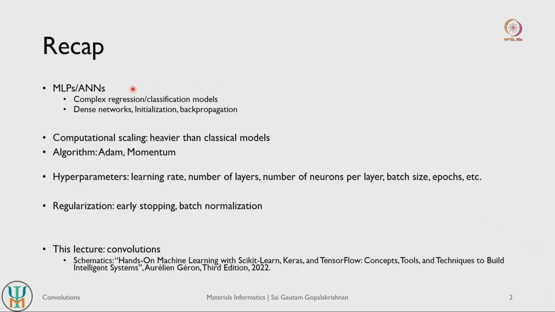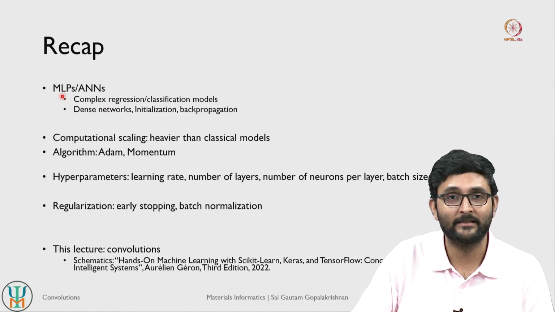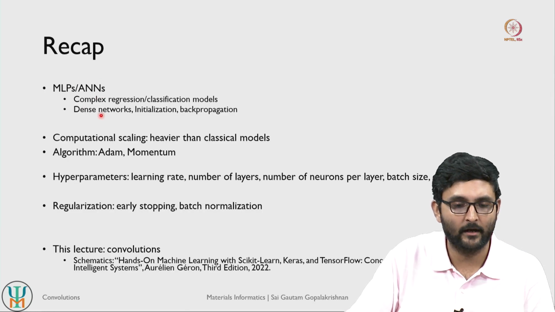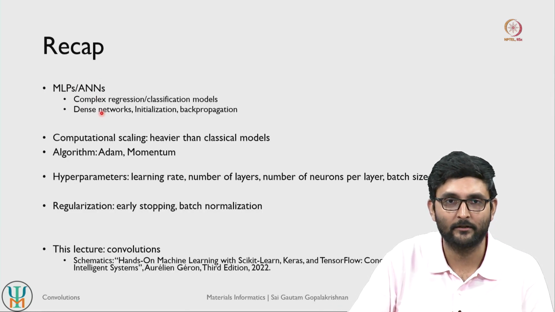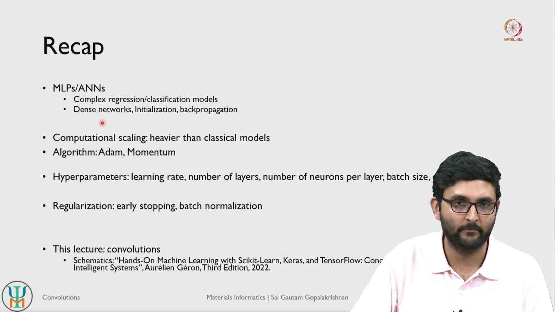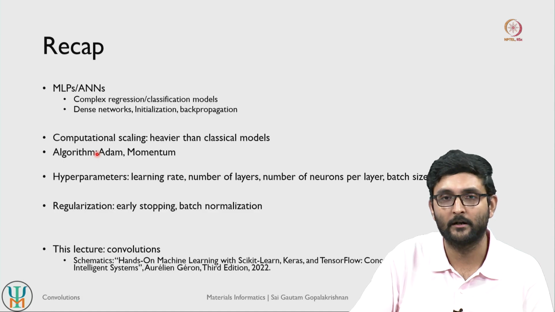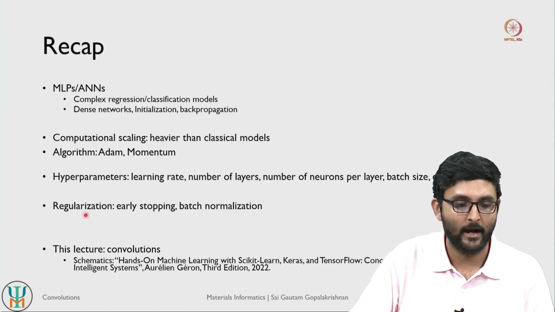Just as a brief recap, in the last session, in both the theory lectures as well as the Jupyter notebooks, we looked at the basic definitions of multilayer perceptrons and artificial neural networks. We saw what kind of tasks they can do, what complexities they bring in, what additional hyperparameters you need to worry about, different optimizers and so on, and what kind of regularization strategies to use.